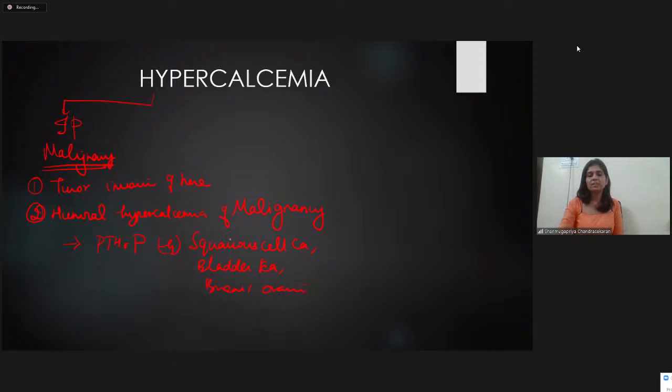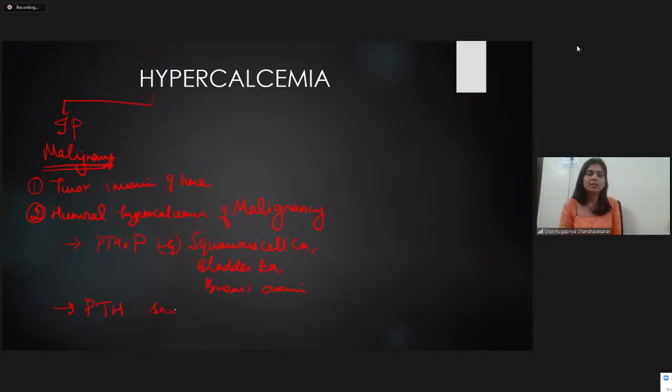Most of these cancers release parathormone related peptide, and this acts on its own receptors, causing hypercalcemia. Sometimes some malignancies release parathormone itself, not parathormone related peptide.